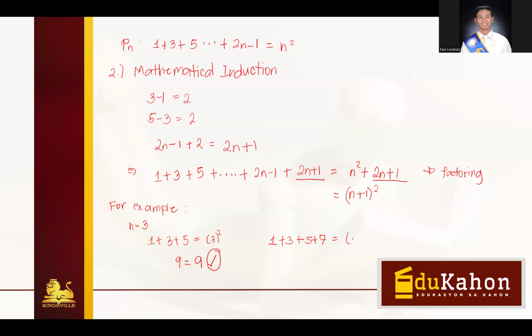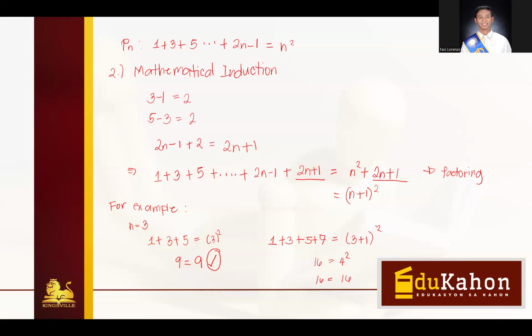We have here 3, and we add another term, which is 3 plus 1, because we add another term. So n will be increased by 1 also. So 1 plus 3 is 4, and 4 plus 5 is 9, and 9 plus 7 is 16. And 3 plus 1 is 4. And what is 4 squared? 4 times 4 is also equal to 16.